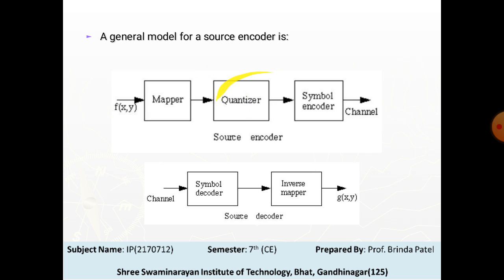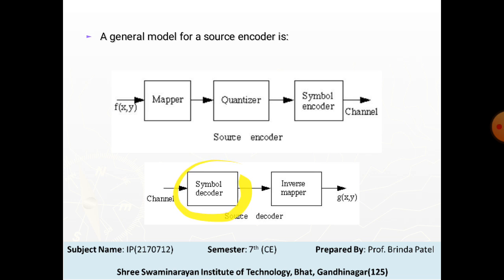The quantizer reduces the precision of the output of the mapper according to the determined reliability criteria. This especially reduces psychovisual redundancy and is irreversible, so it is therefore only used for lossy compression. The symbol encoder makes a static or variable length code to represent the quantizer's output. So it reduces the coding redundancy and is reversible.